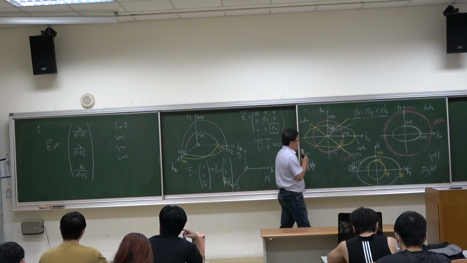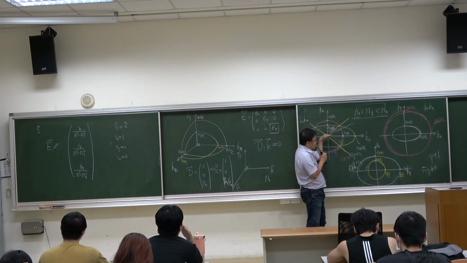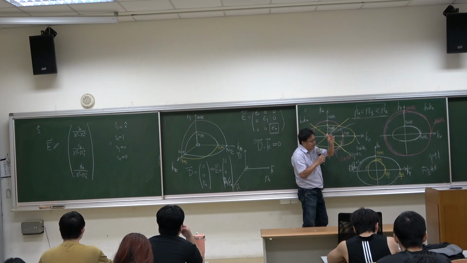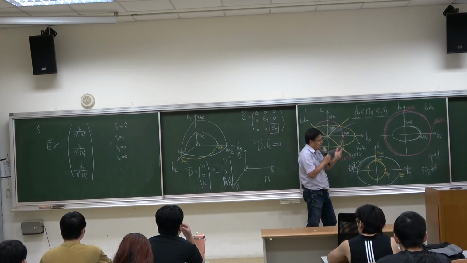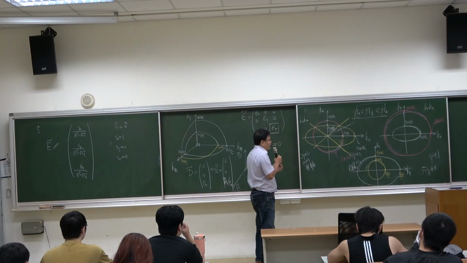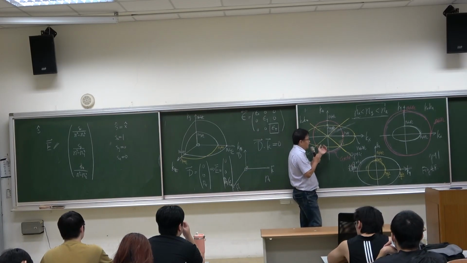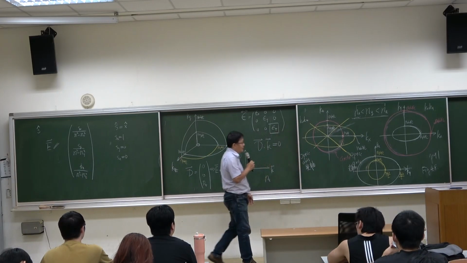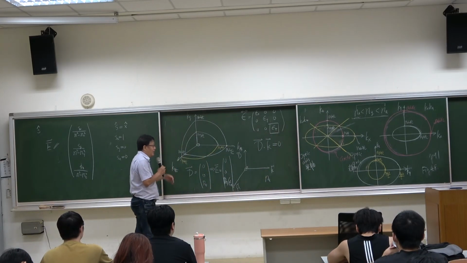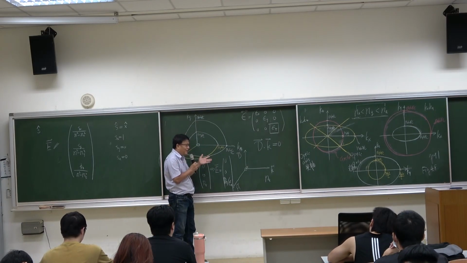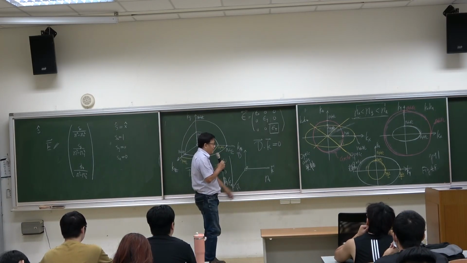I have already explained to you that when the propagation direction is along the x direction, there are two possible choices for the D vector to be their polarization direction. Okay, it is the y-axis or the z-axis. And for this case, the E vector is parallel to the D vector.